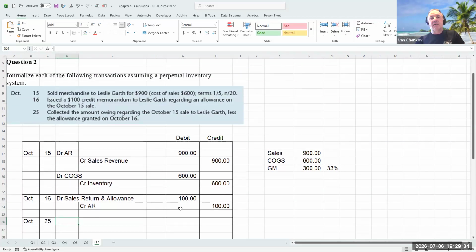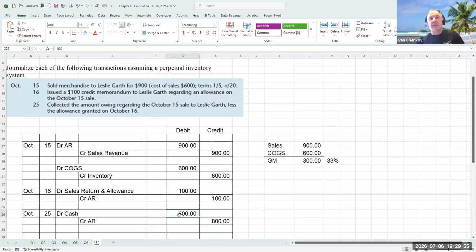We're going to expect to see $800 in our account. Why? Because our accounts receivable is $800. 900 minus the 100 allowance. We expect to see a debit to cash of $800, and that's going to close the accounts receivable with a credit of $800. Accounts receivable has a 900 debit and 900 now on credit, so accounts receivable is closed.